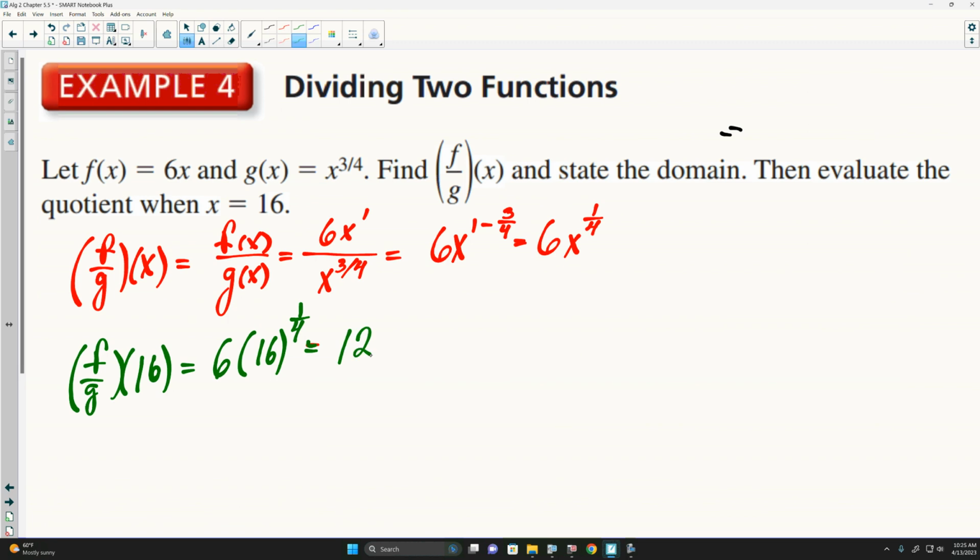Okay, so we're looking for the 4th root of 16. So what number times itself 4 times gives 16? 16 to the 1/2, the square root of 16, would be indeed 4. Questions on this here?